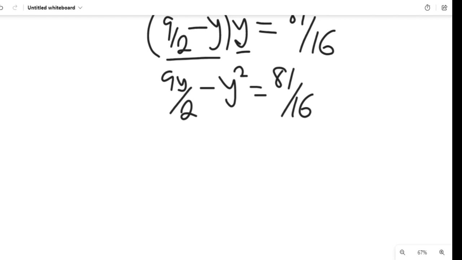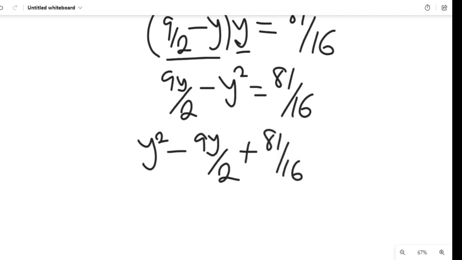If we multiply through by a negative sign, we are going to have y squared minus 9y divided by 2 plus 81 divided by 16 equal to 0.